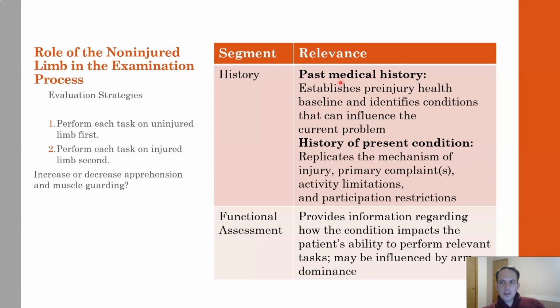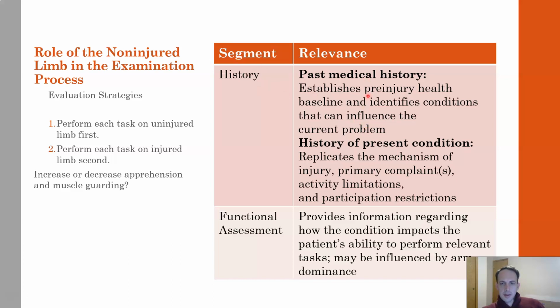So in these charts here on this slide and the next, we specifically look at the segment of the examination as well as then what the role of the non-injured limb is. So at the same time, while we focus on what the role of the non-injured limb is, we're also going to be reviewing the different components of an exam.